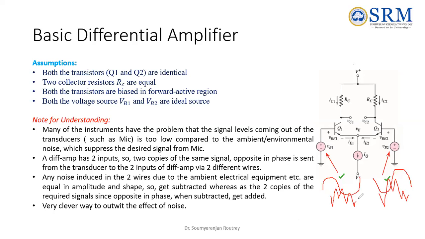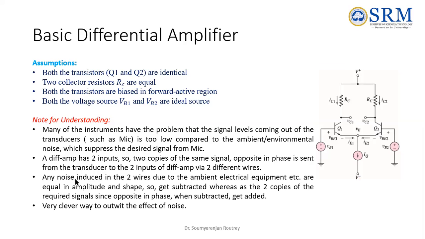My drawing is not so good, but consider both the noises are the same. Since both are the same noise, this noise will get eliminated by the differential amplifier, but our sine wave input signal, or our voice signal, will not get eliminated. That is the working principle of the differential amplifier.